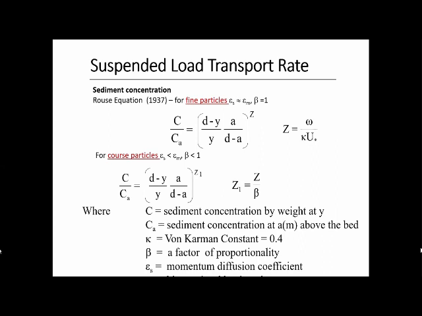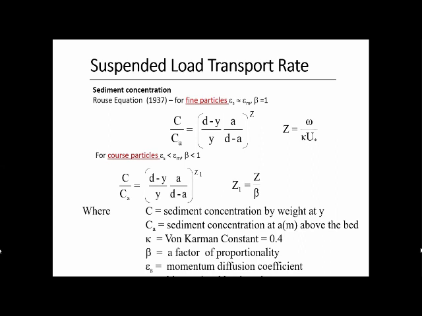So ini semuanya kerja Rouse, dia yang develop this equation. What you will get here is that C is the concentration by weight at a distance y along the water column, and Ca is the concentration above the bed, ataupun dekat dia punya bed load layer.